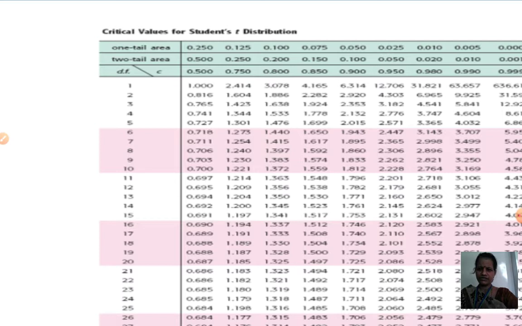So for 1 degree of freedom, for the two-tailed test 0.5, that is 50%, it is 1. And for one-tailed, the same 50% is divided, so it will be 0.25. Also you get 1 as the value.